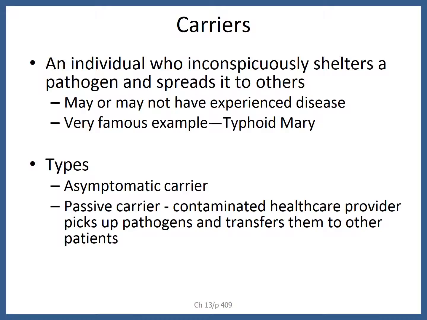It's actually a very sad story because she had a hard time believing that she was spreading the disease, because obviously that would be very traumatic to find out. At some points, she was actually institutionalized against her will because she was still actively spreading this disease. So you can have some different types. The main thing I'm concerned about for the final exam is the definition of a carrier.